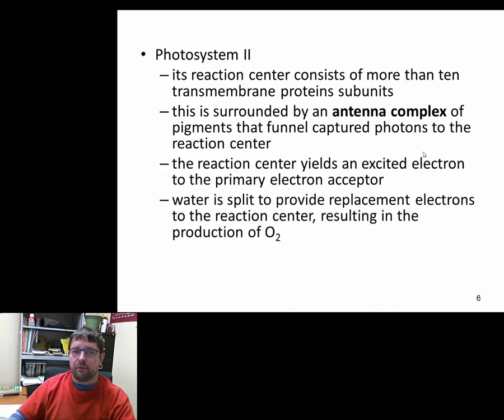Now here's one of the key points and one of the most interesting pieces of photosystems and photosynthesis for that matter. After that electron leaves, and it takes 2 electrons for a carrier molecule, so this has to actually happen twice, water is split.